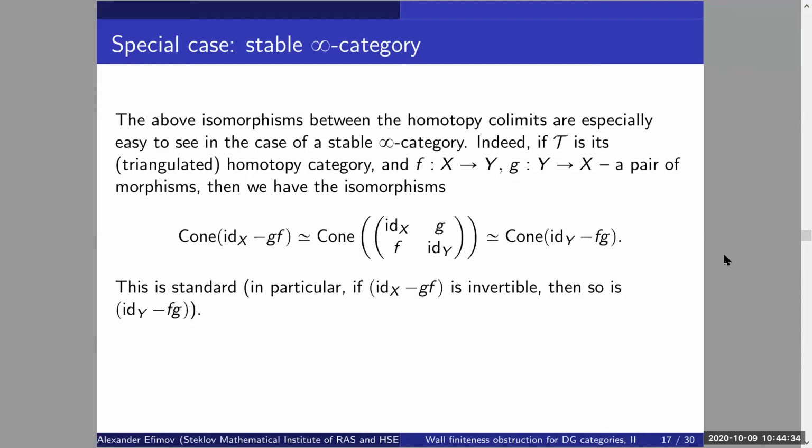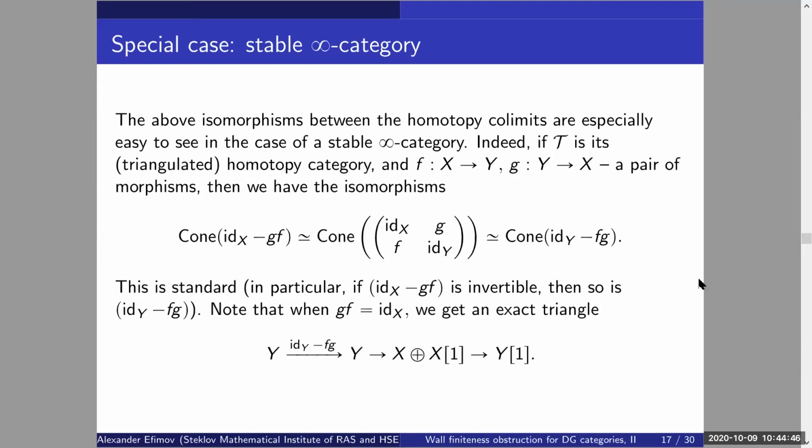In particular, the corollary, which is also well known, is that if identity minus gf is invertible, then also identity minus fg is invertible. The special case of this is when gf is identity, so x is a direct summand of y, which is the same as a retract here.